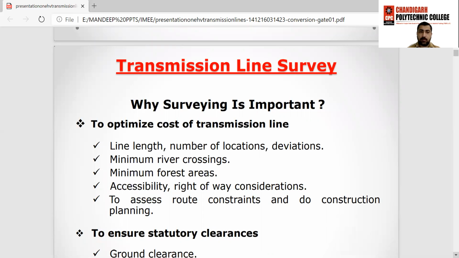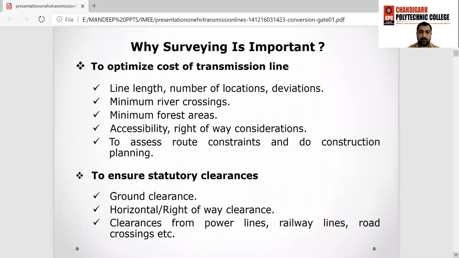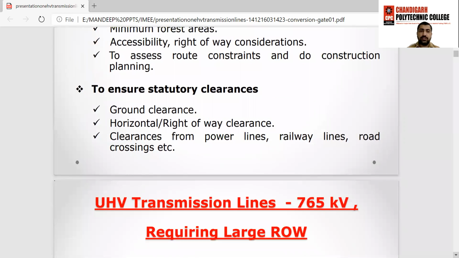These all come under the optimization of cost of transmission line. The second is to ensure statutory clearance, ground clearance. Second one is horizontal or right of way clearance. And the last one is clearance from other power lines, railway lines, and road crossings.